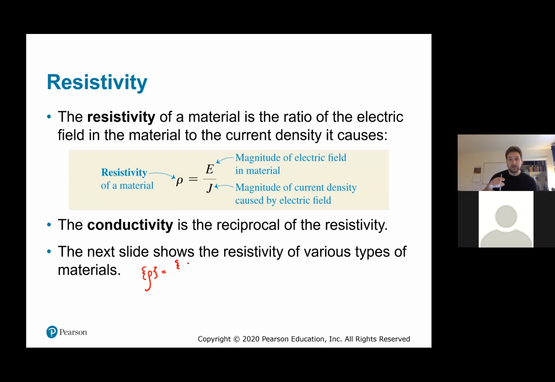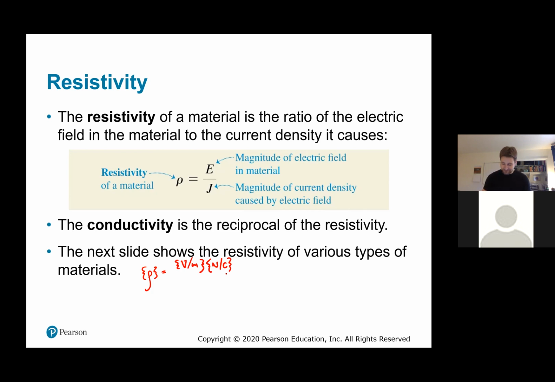Now, electric field is volts per meter, or newtons per coulomb. And I'm thinking about newtons per coulomb because the J has to do with charge and current. Well, what is the dimensionality of J?